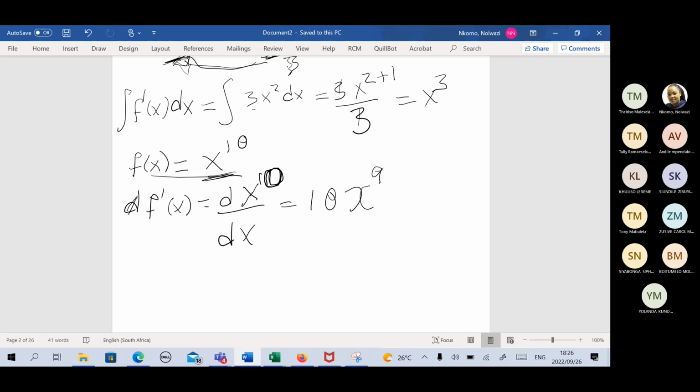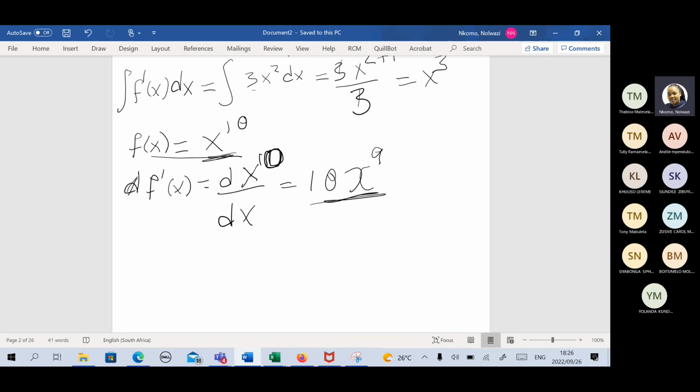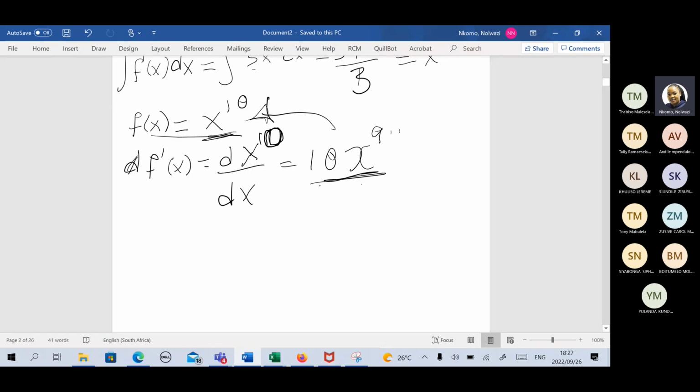And again, if we are asked to integrate this function, meaning you should get this function, since integration is the reverse process of differentiation, right? To get here, you see, we have to add 1 here and we divide by 10, right? Which means this function is 10 times this function, and the exponent here is 1 less than the exponent of the original function, right?